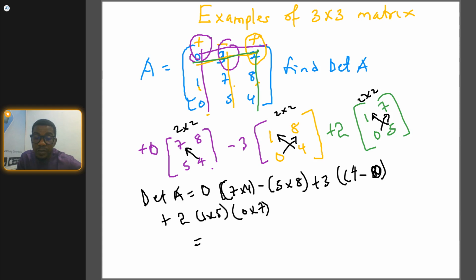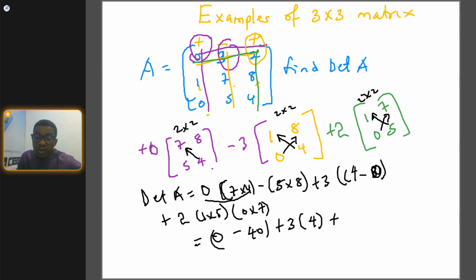Of course, 0 multiply everything here. We have 0 minus 5 times 8. 5 times 8 is 40. And we have the next one to be plus 3 in bracket. Subtracting 0 from 4, we have 4.